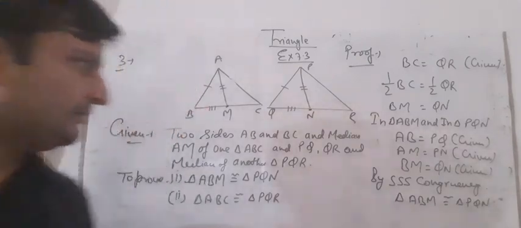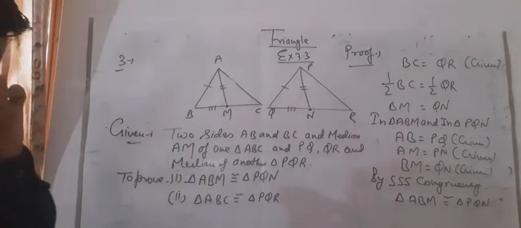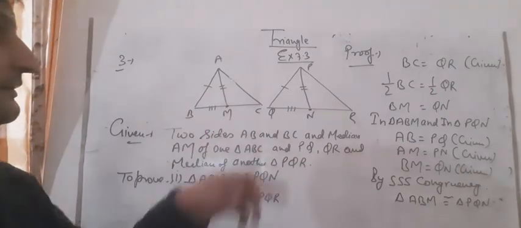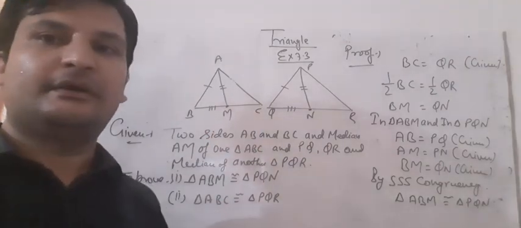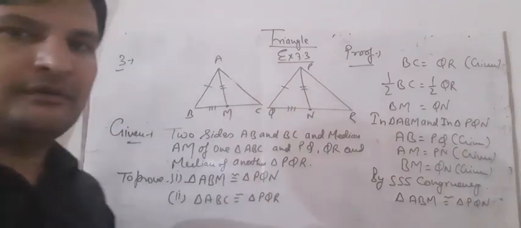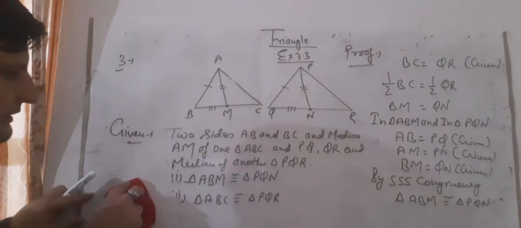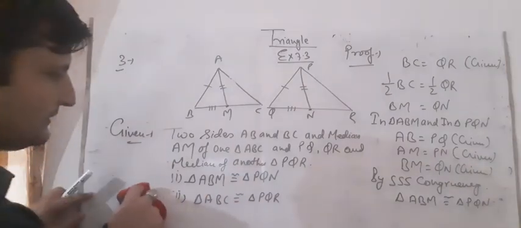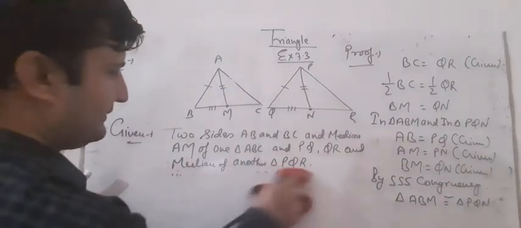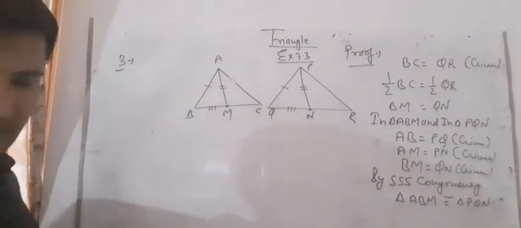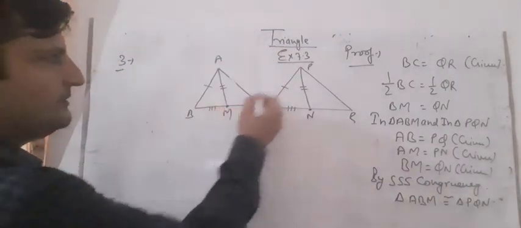This we have proved. Now the next thing is we have to prove that triangle ABC is congruent to triangle PQR. Students, in this we have proved that ABM is congruent to PQN.